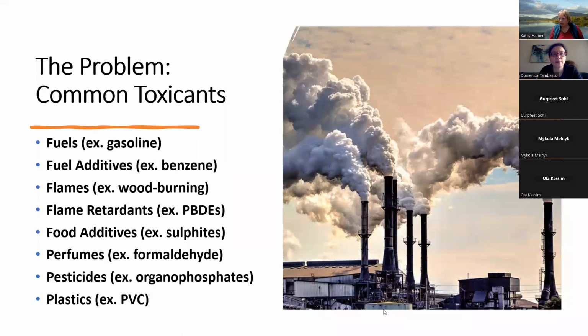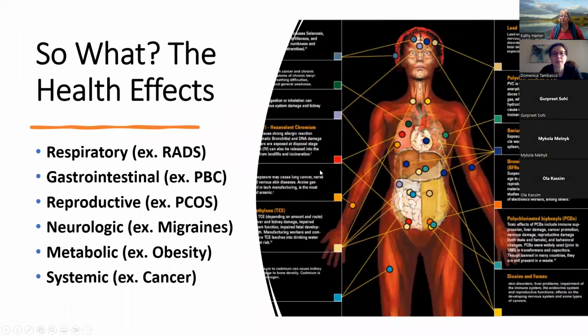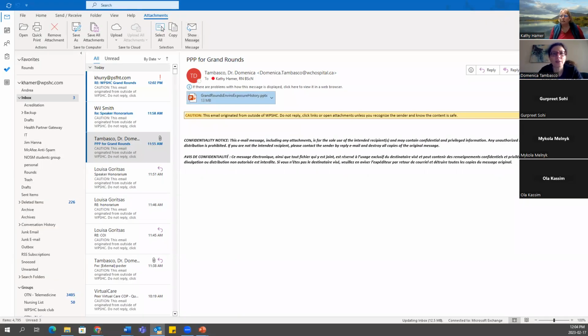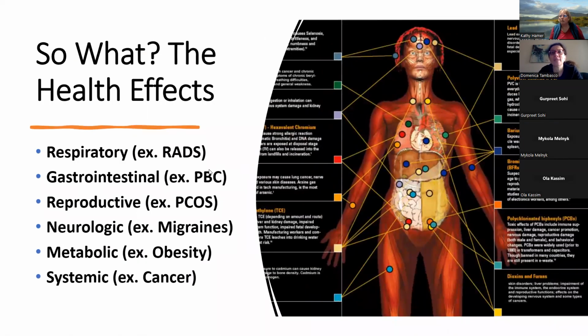So what? We have a lot of these pollutants in the environment. What are their health effects?